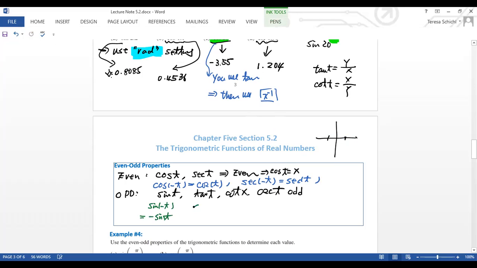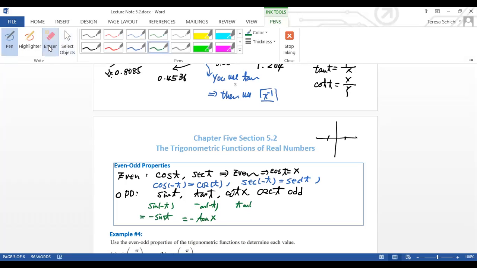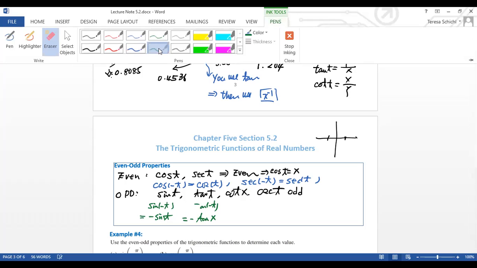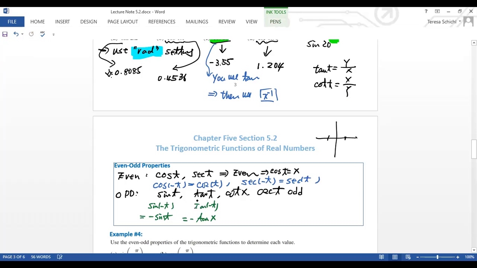Tangent negative t gives you negative tangent t. Cotangent negative t becomes negative cotangent t.